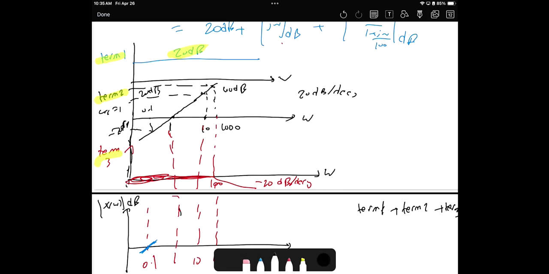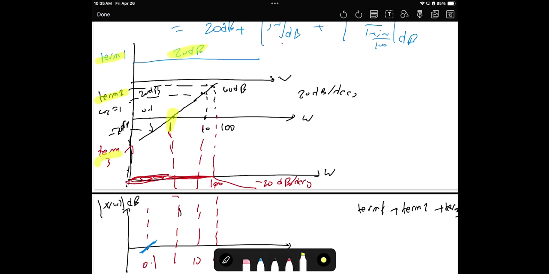So let's start again from 0.1. From 0.1, it is negative 20. Then here we have 20, which will make it 0. So the intersection will be at 0.1. How about 1? At 1, it is 0. Here is 0. Here is 20. 0 plus 0 plus 20 is 20.